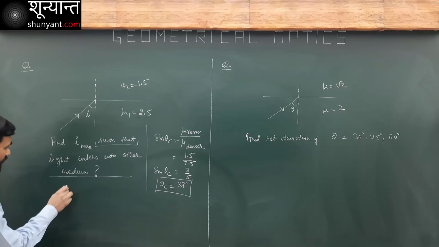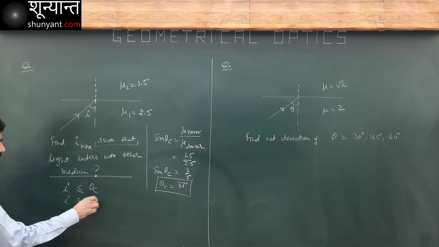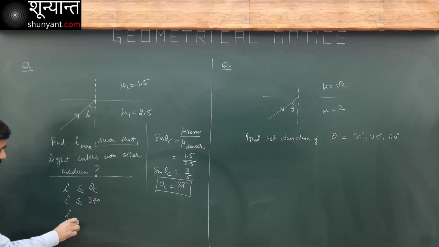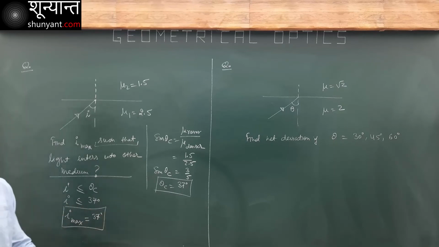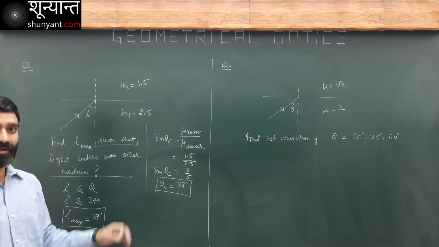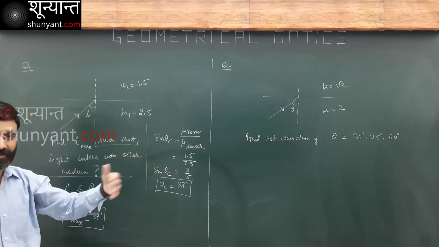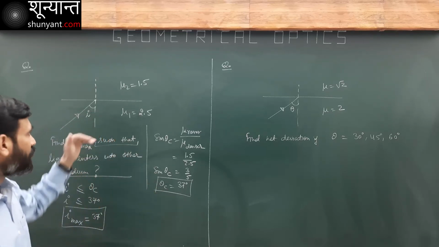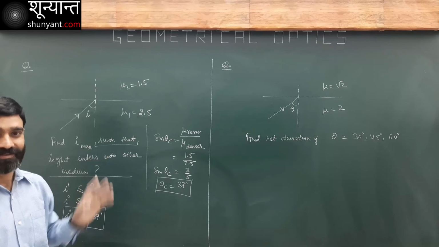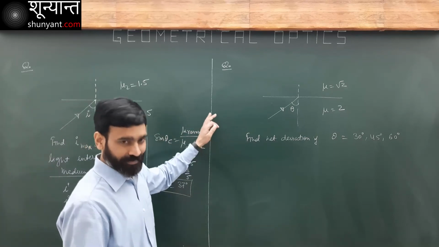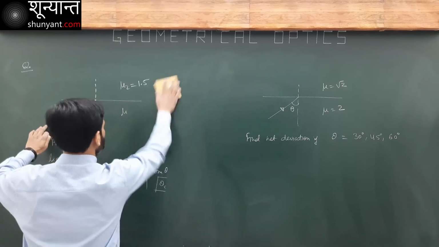That means I is less than or equal to 37 degrees. So I max is 37. Maximum angle. If the angle of incidence is more than 37, if it is 38, 39, 40, 45, it is not going to enter into the other medium. It is going to come back. That will be total internal reflection. Here also, you see. And then the second problem.